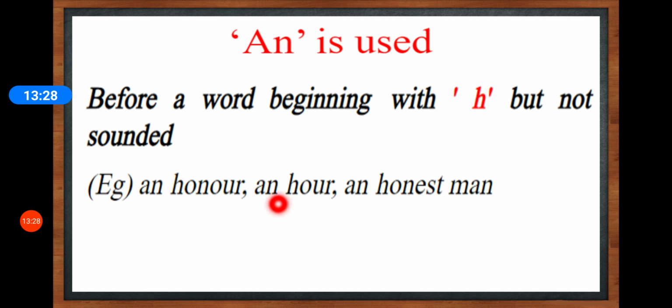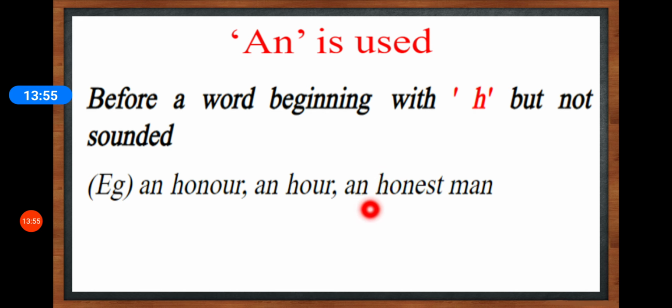Similarly, an hour. So, H is again not pronounced here. H is silent. An hour. Our sound is a vowel sound. So, that's why we have used the article an. One more example, a very common word, honest man.